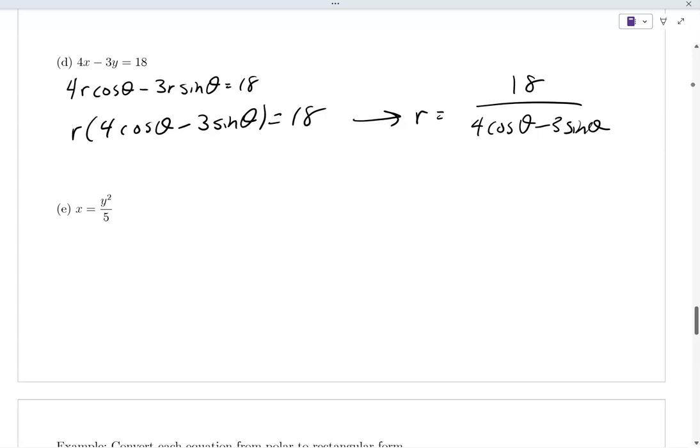All right, let's look at the next one, where we've got x equals y squared over 5. Again, we can just plug in what x and y are in terms of r and theta. So we can put in r cosine theta for x and r sine theta for y.